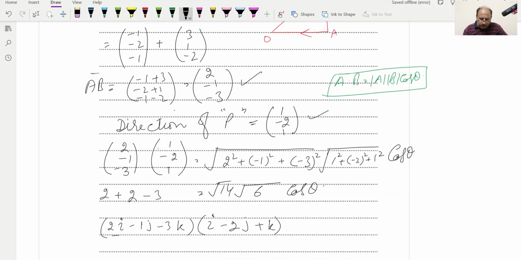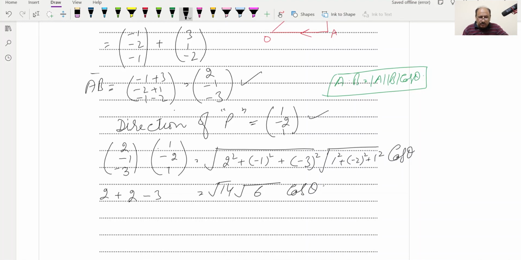Now we multiply: this with this will be 2, then this with this will be 2 again, then the last one, this with this, will be minus 3, and the rest of the values like i dot j will be 0, i dot k will be 0, similarly j dot k will be 0. So hopefully you understood this explanation also. I'm erasing it, I'm not writing that.